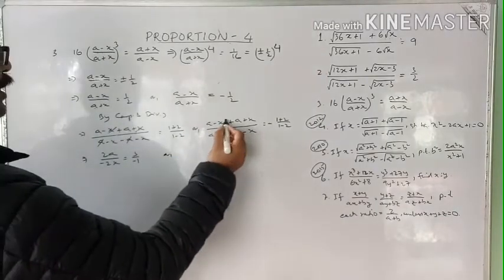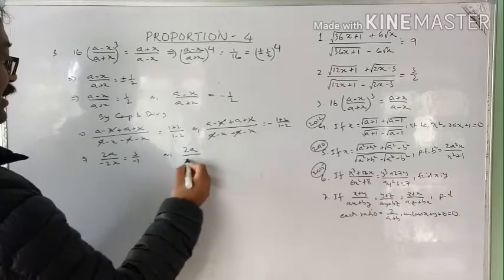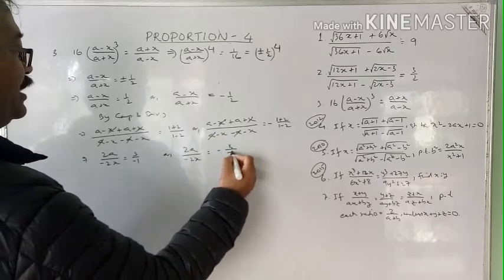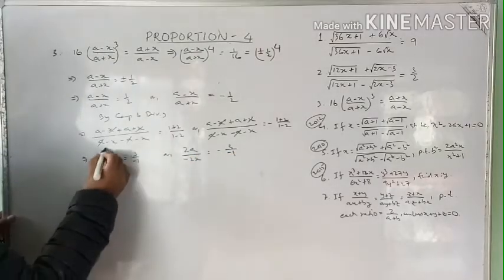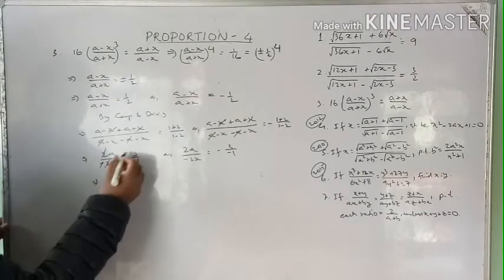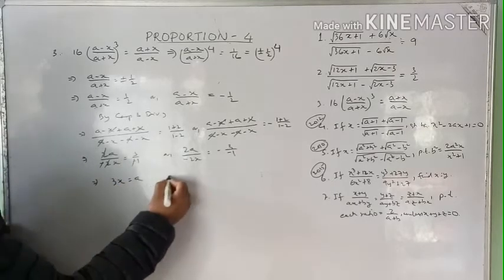Or here also x gets cancelled, so 2a, and here a gets cancelled, so minus 2x, equal to minus 3 by minus 1 you get. So these two also get cancelled. This minus also cancelled from both sides. So if you cross multiply, 3x is equal to a you get.